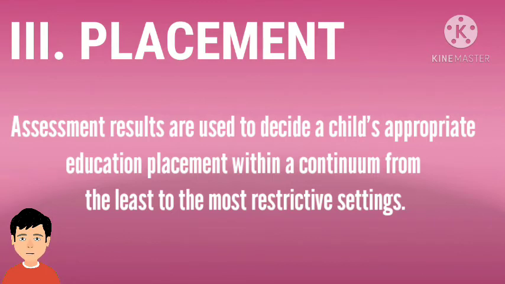are used to decide a child's appropriate education placement within a continuum from the least to the most restrictive settings. During the evaluation, student performance is assessed and the team determines if there would be any changes in the educational placement within the continuum.